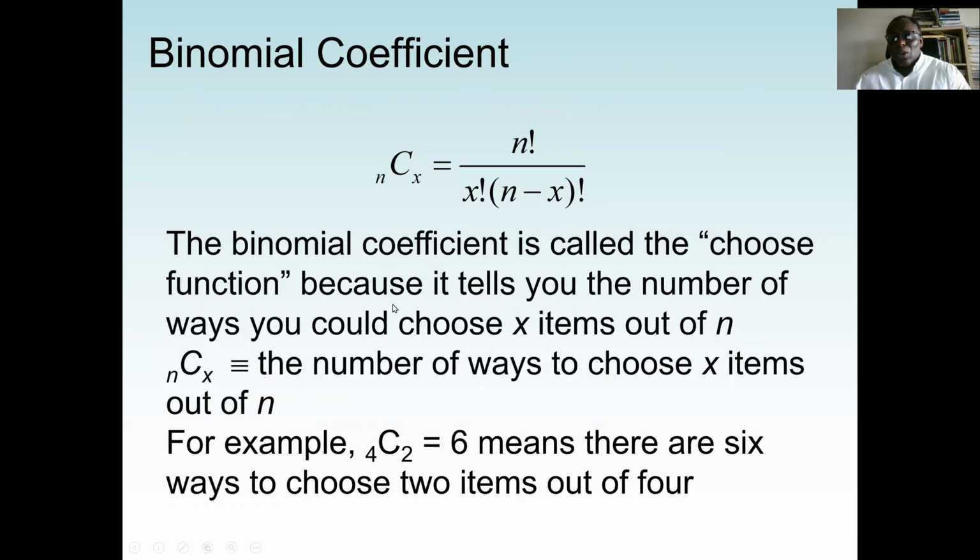We say the binomial coefficient is called the choose function because it tells you the number of ways you could choose x items out of n. And again, some textbooks will use the term combination. It's called a combination function because it tells us the possible number of ways we can combine x items out of n.